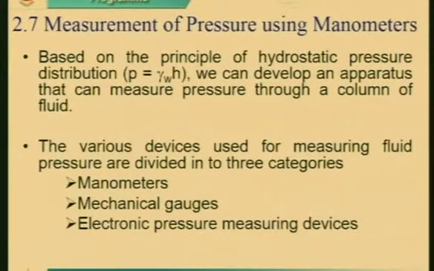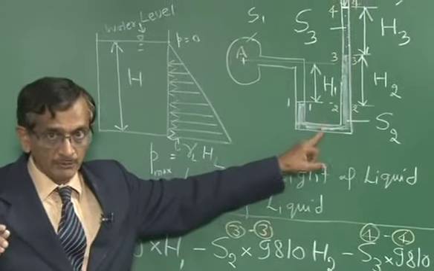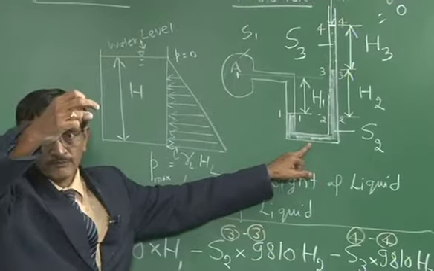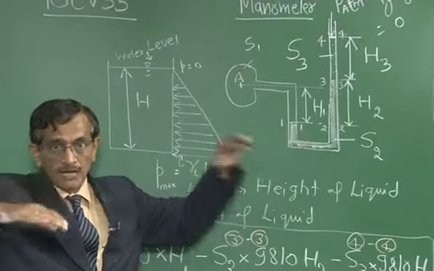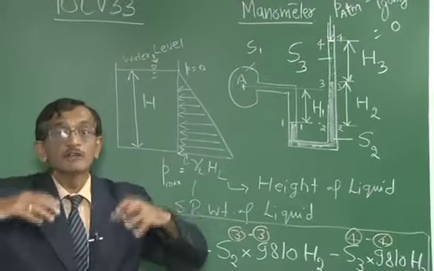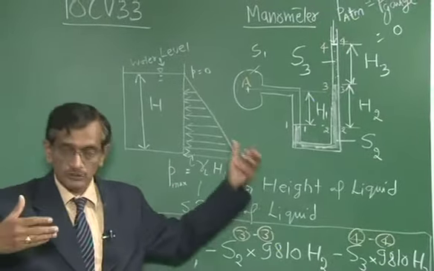Now, we would like to know which instruments we are going to use to measure the pressure. They are divided into 3 categories. One is the manometers. You can see here I have shown a diagram of a manometer. It is basically a glass tube balancing the liquid columns. We will talk about this later also.